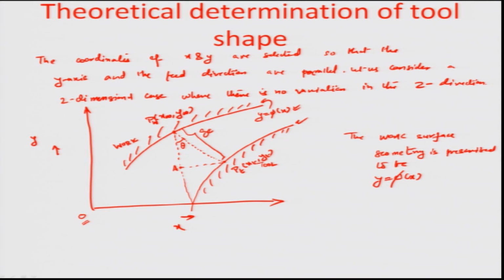So, having said that, now let us try to map the function that exists on the tool side, which we have to obtain from the parameters given like x w, y w and the functional relationship on the x side.